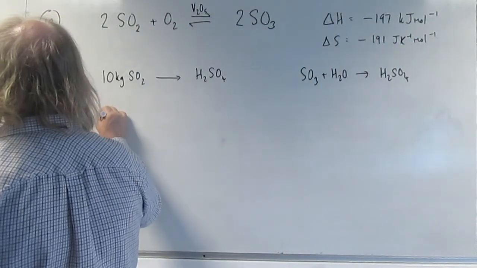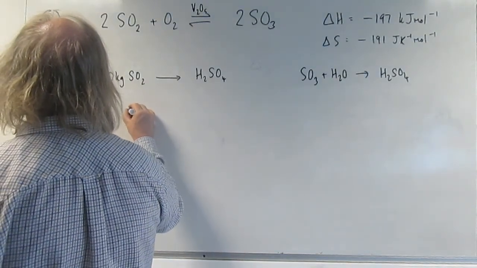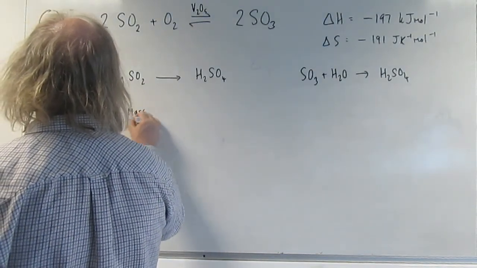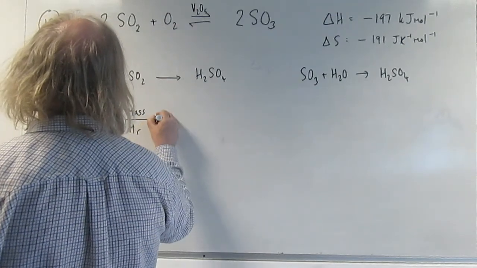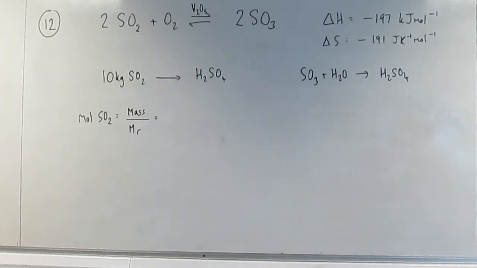Moles of SO2 is equal to mass over Mr. It tells us to use 32 for the atomic mass of sulfur rather than 32.1, but I think they'd let you use either.